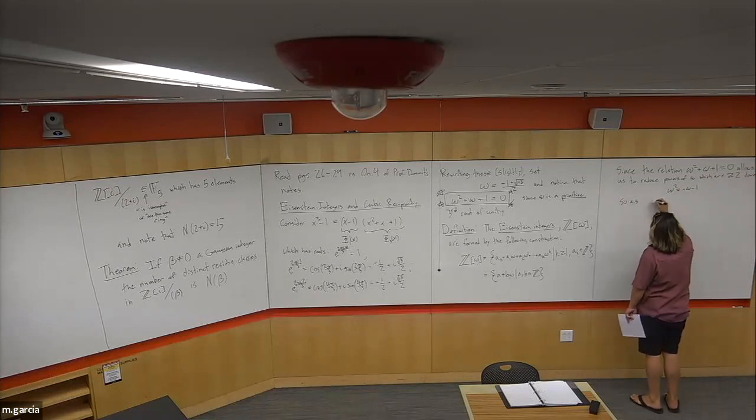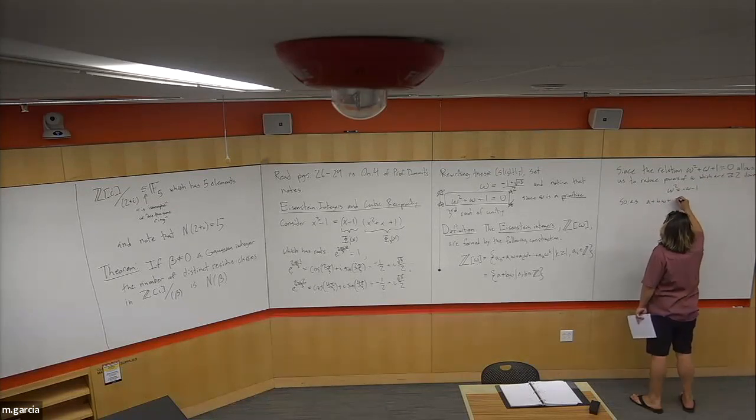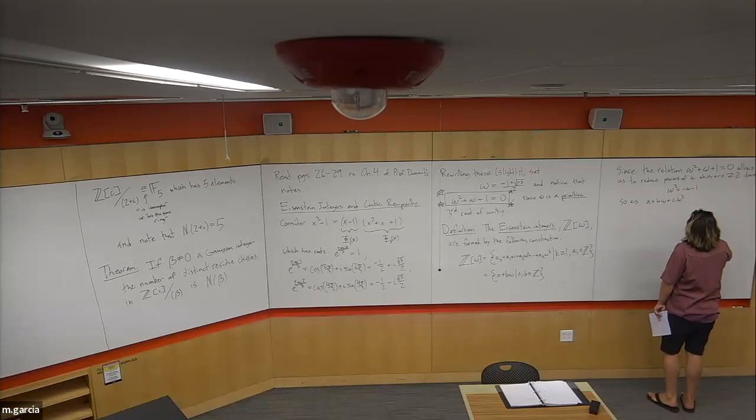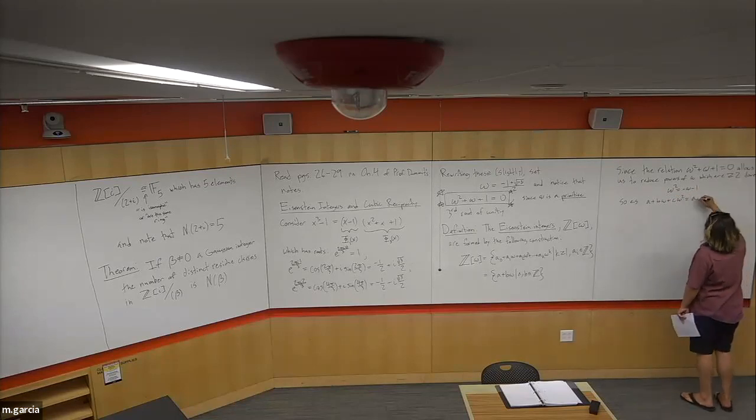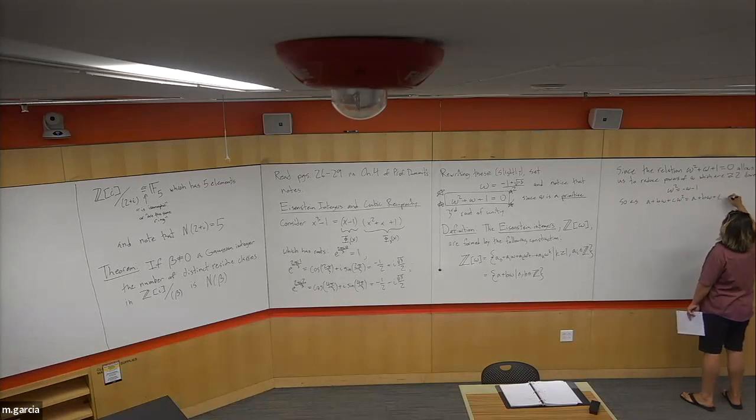So, e.g., if we have a plus b omega plus c omega squared, well, this is the same as a plus b omega plus c times (negative omega minus 1).